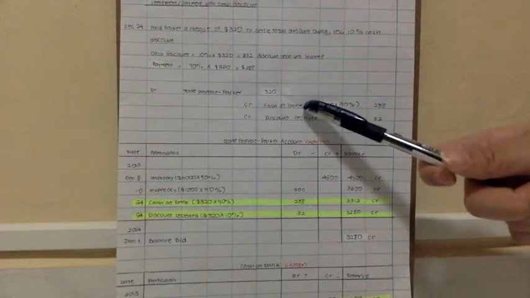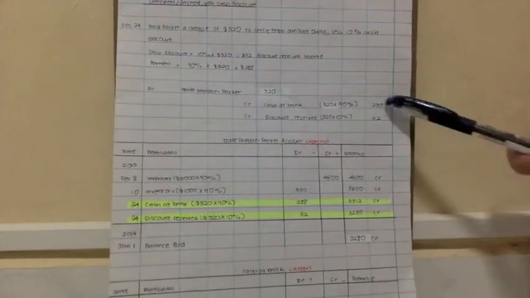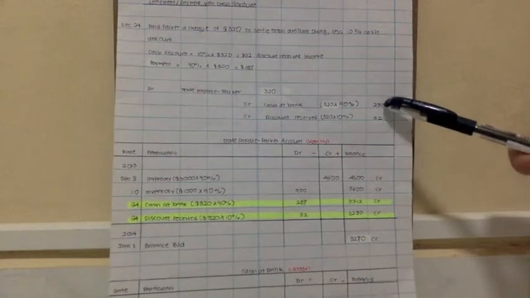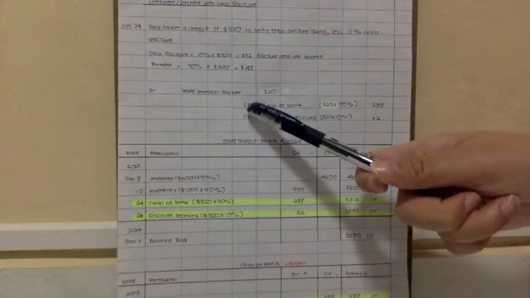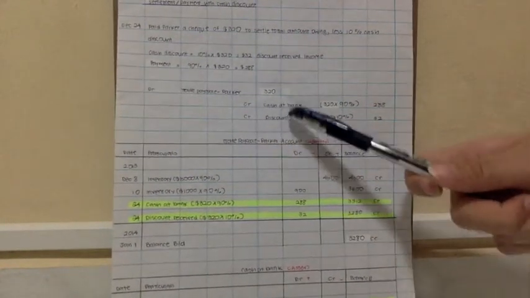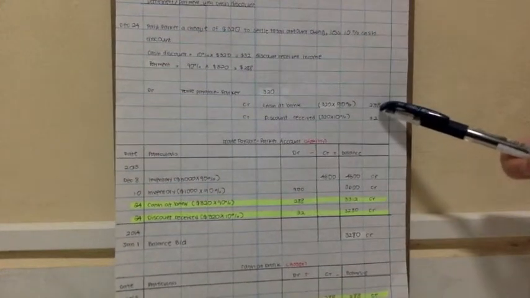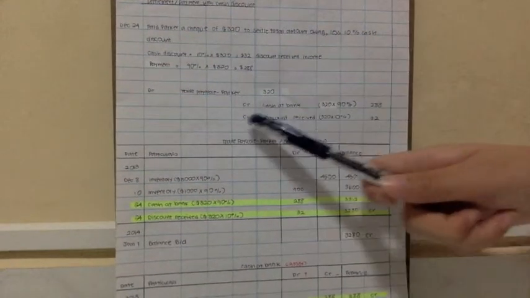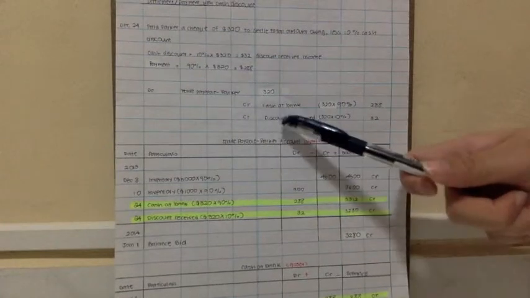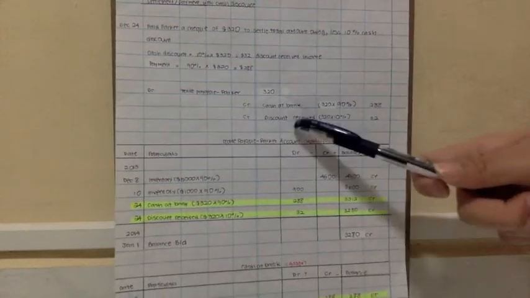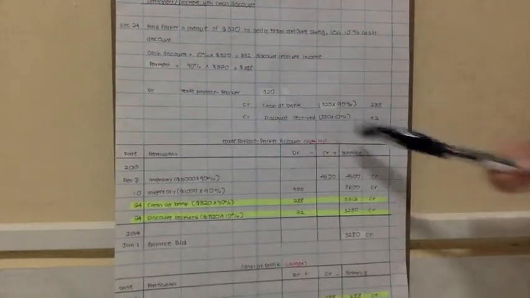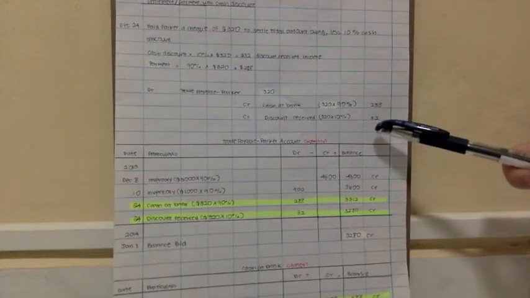Out of the $320, you will need to pay 90% of it, $288. So therefore, cash at bank will decrease because you're paying it out. And because it is a discount received income, it will be credit, discount received, $32.